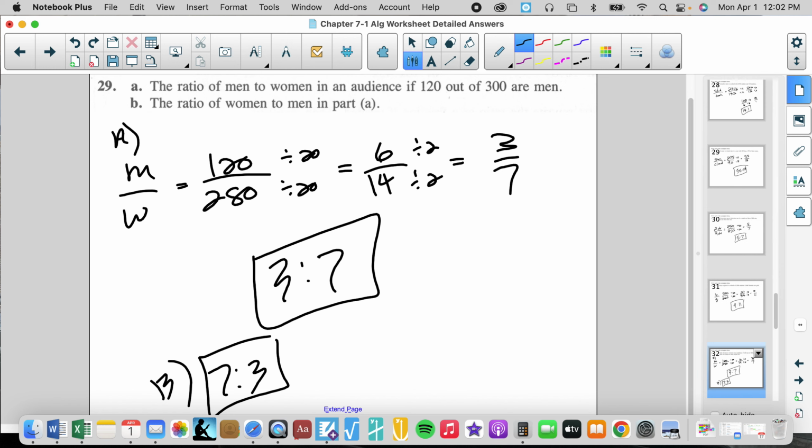Ratio of men to women, ratio of women to men, yeah. 29. 2 to 3. What did I do wrong? What did I do wrong? Half of 28 is 14. Whoopsies, what did I do? 120. Oh, that's 400, sorry.